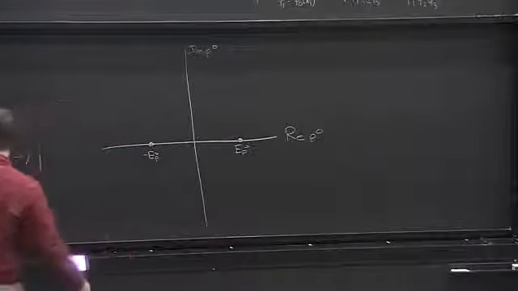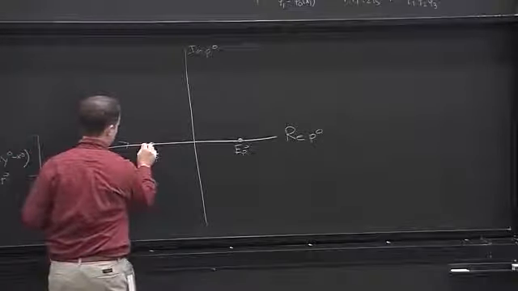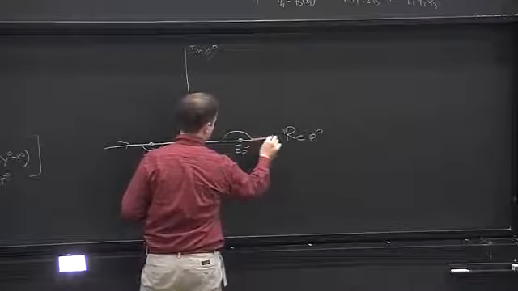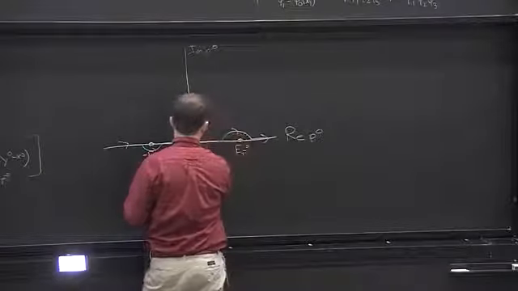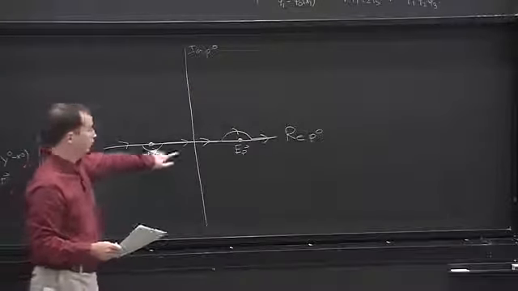And this contour C_F goes around these poles as follows: it goes below this pole and above that pole.